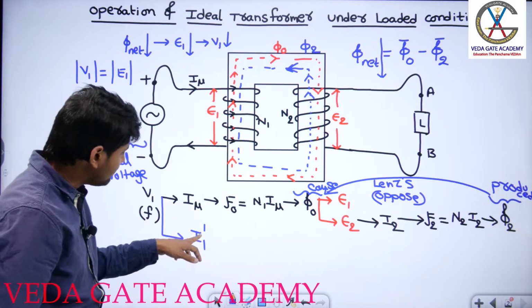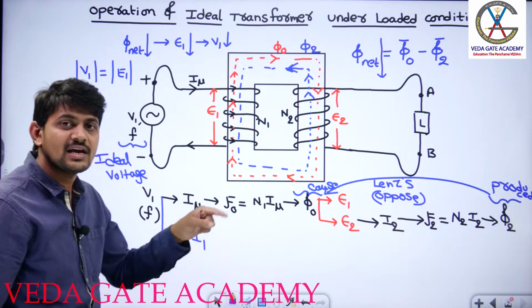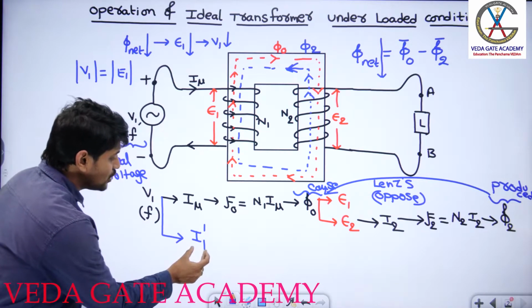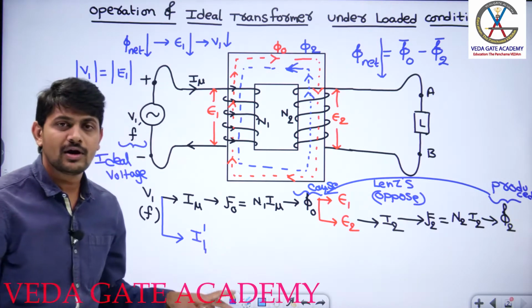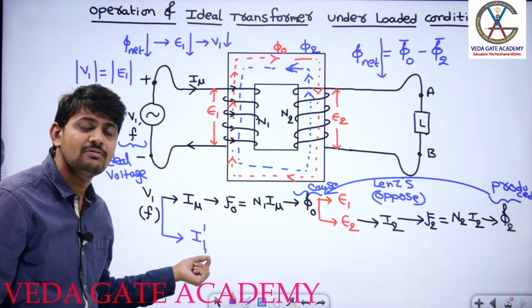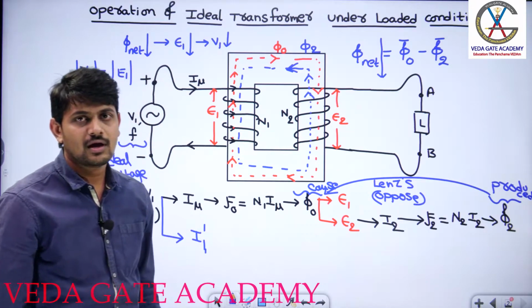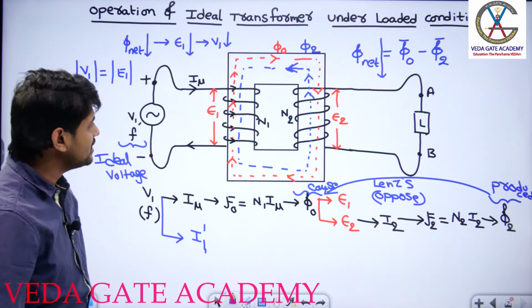Whenever I use the superscript dash, that represents the secondary side parameters reflected on the primary side. So this is called the load component of primary current. Why am I using this term? Because this current will come into the picture the moment I close the switch across the secondary winding of the transformer.